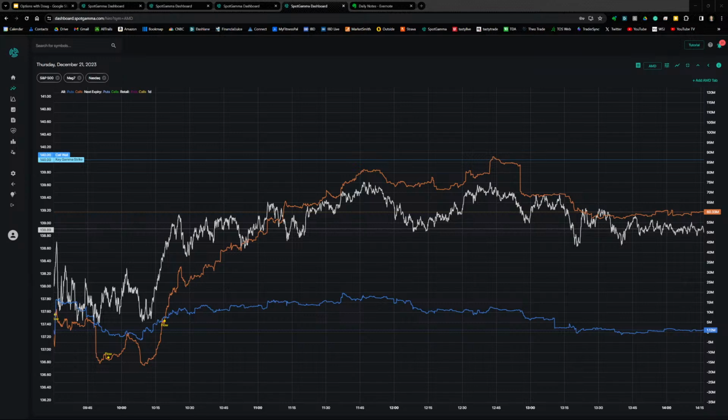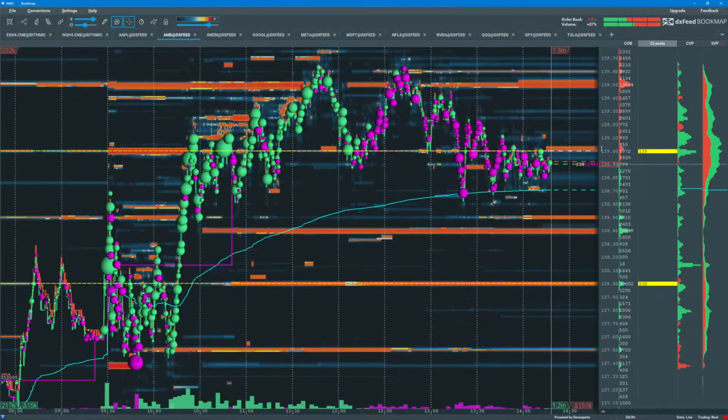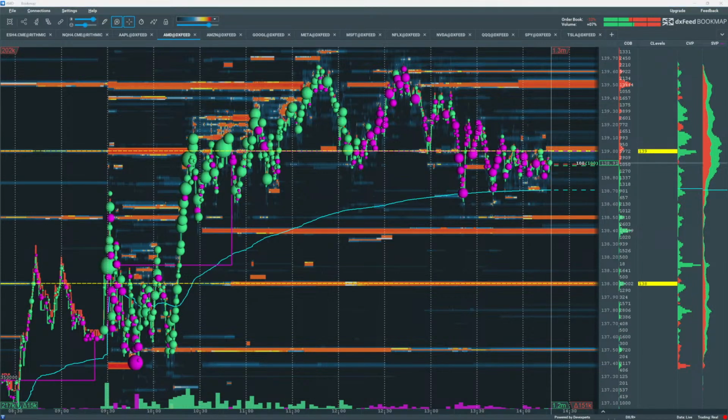Let's go back to Bookmap. Note there are a lot of aggressive buyers starting to come in AMD, starting right around 10 a.m. Notice all the green volume dots. Market buy minus sell, aggressive buyers.